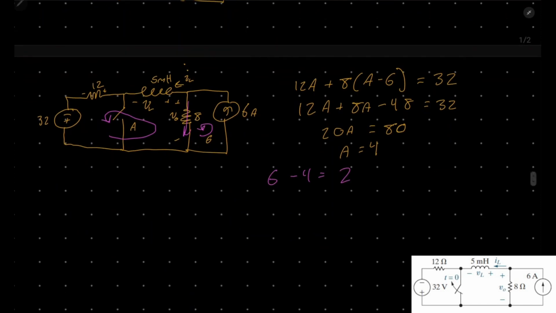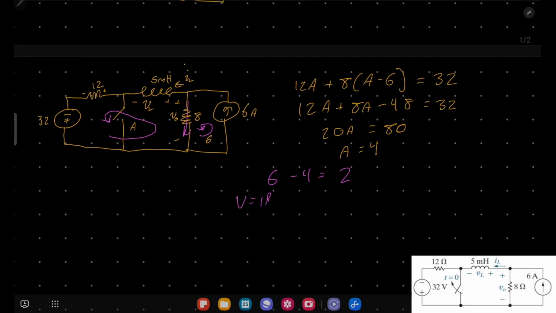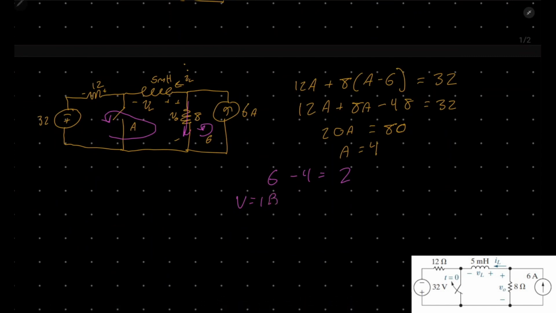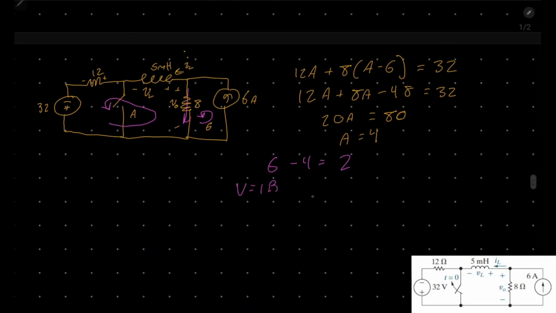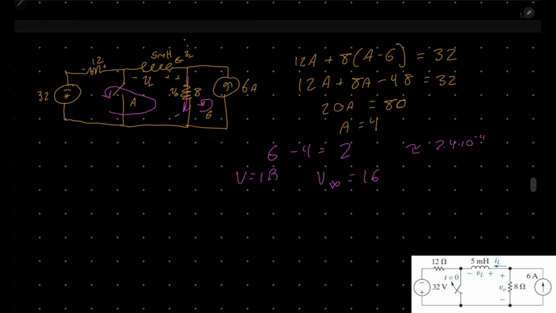Now we just do simple Ohm's law, V equals I R. And when we do that, we get an infinity voltage of 16. And we already know tau from the previous problem. Tau is still going to equal 2.4 times 10 to the negative 4. So we are ready to create our expression.